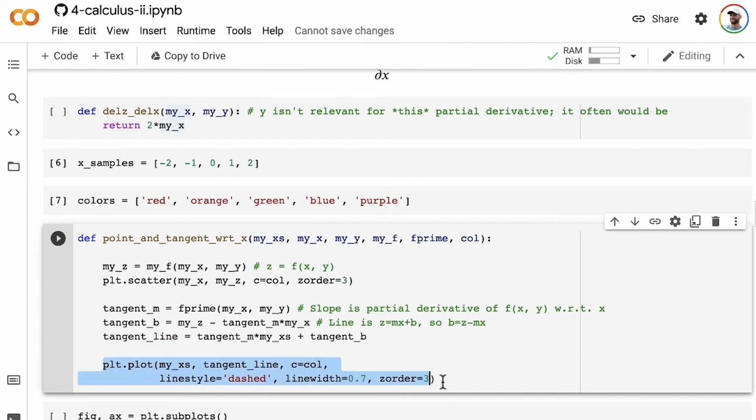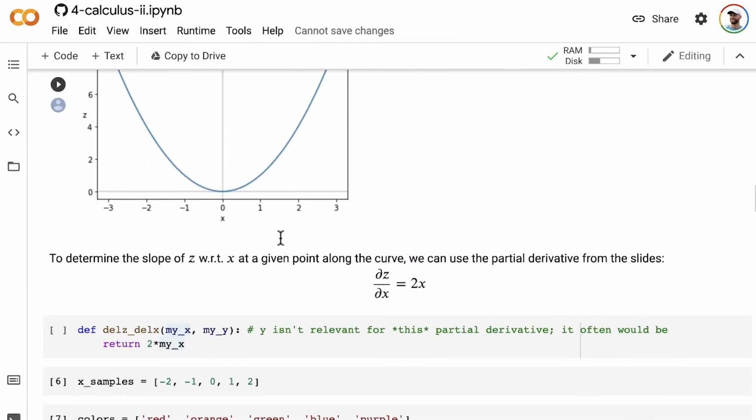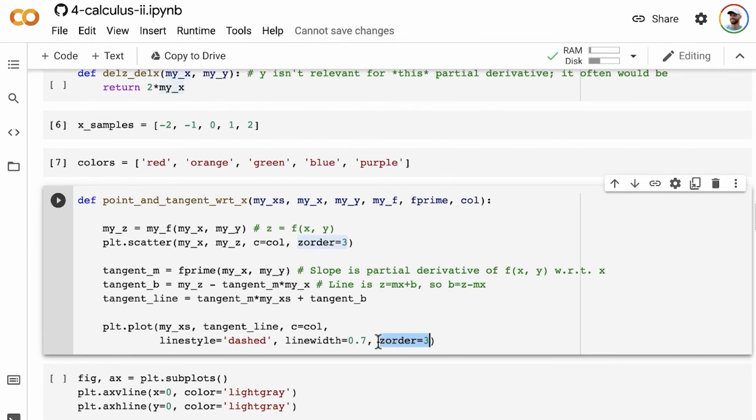And then here we plot that tangent line out using the x and now the vertical coordinates that we have, our particular color of interest, and just some cosmetic things here in the second line. So a dashed line style and a thinner than usual line width so that these tangent lines don't overwhelm the plot. And again, overlaying these tangent lines on top of the background graph by choosing this z order argument here. Nice. All right, so that's that function.